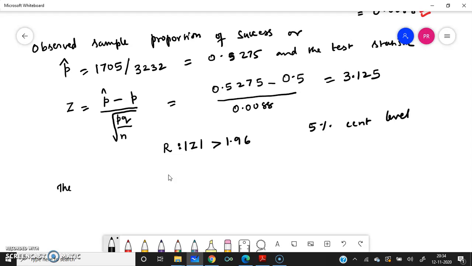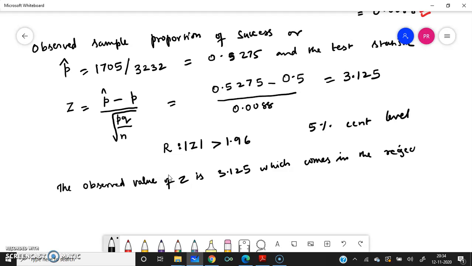So the observed value of Z is 3.125, which comes in the rejection region.